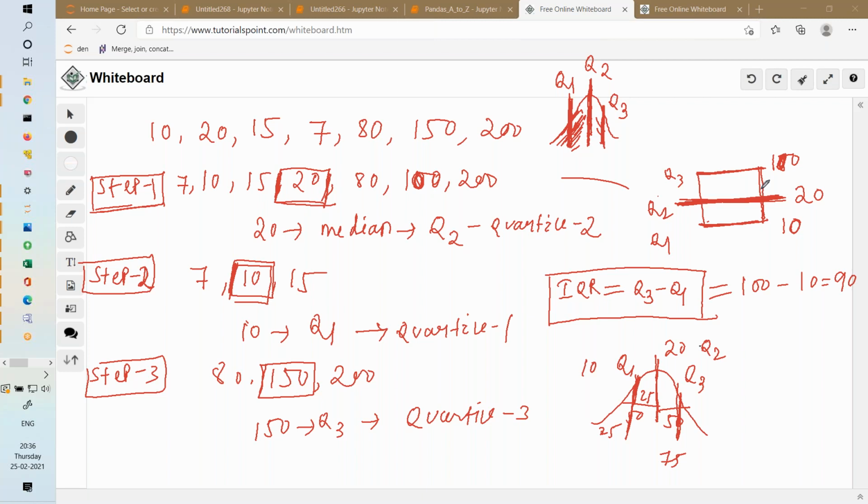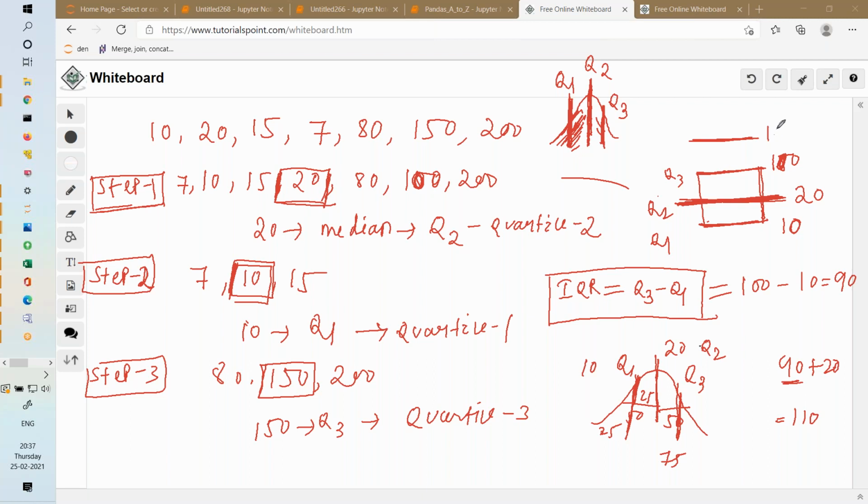Normally we take 1.5 times IQR. So the median 20 plus IQR 90 is 110. So the upper boundary is 110.